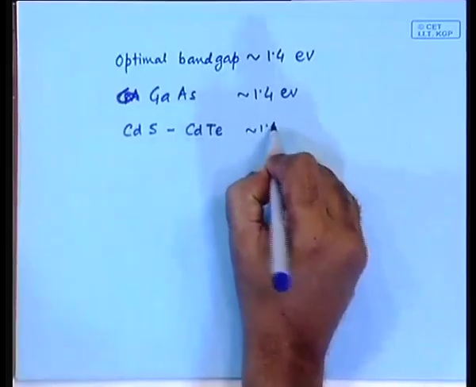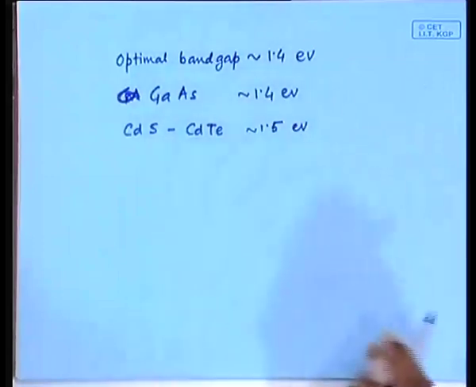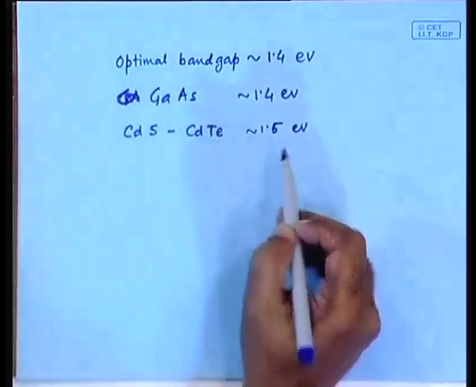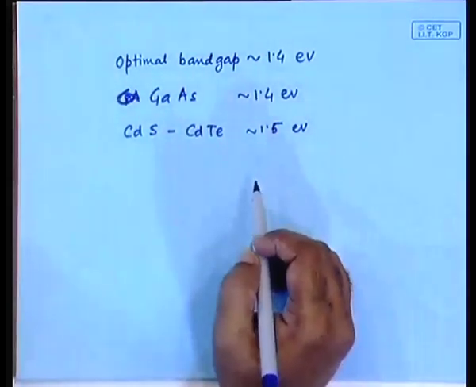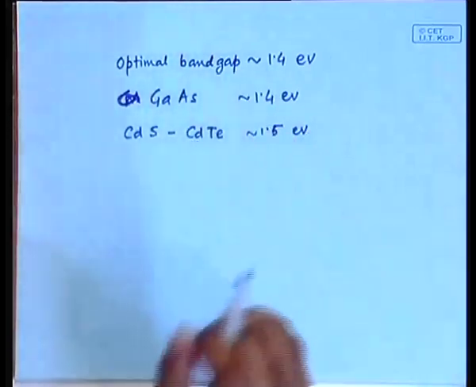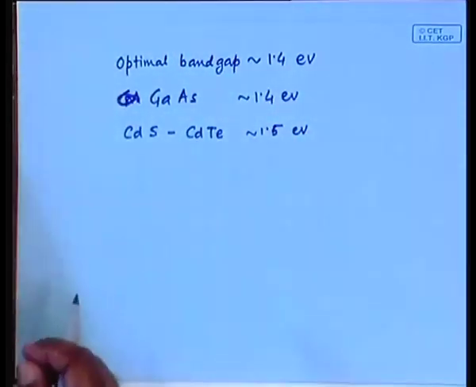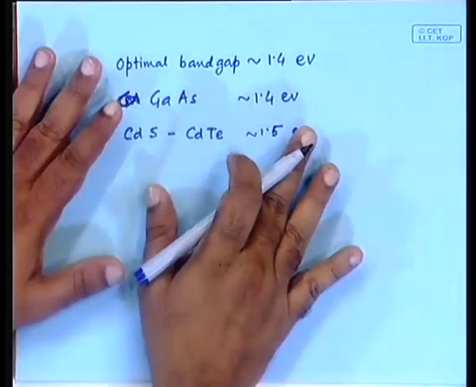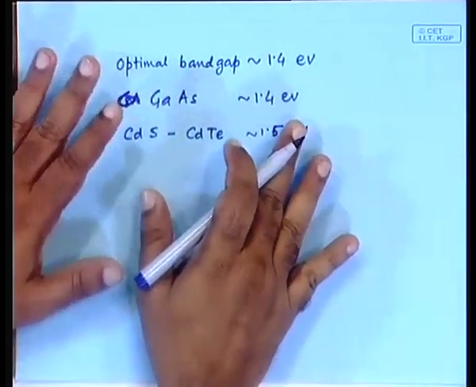It also has a band gap something like, I am talking about the cadmium telluride's band gap, because this would have a slightly different band gap. Similarly, there are other materials which I will come to slowly. So, these are all considered as candidates for construction of solar cells.